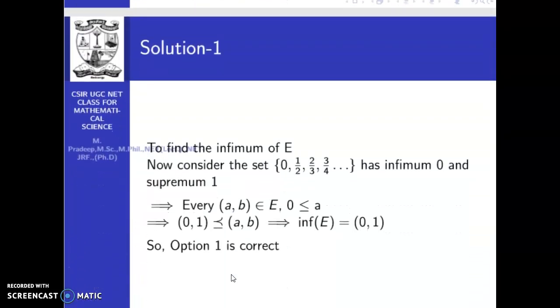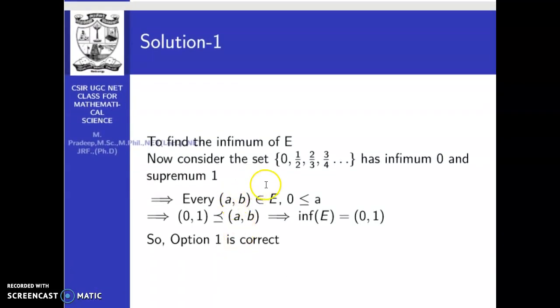To find the infimum of E, I'll take the second element of the set: 0, 1 by 2, 2 by 3, 3 by 4 and so on. The infimum of this is 0. The structure is n by n plus 1, and as n tends to infinity it approaches 1. So the infimum is 0 and the supremum is 1 here.